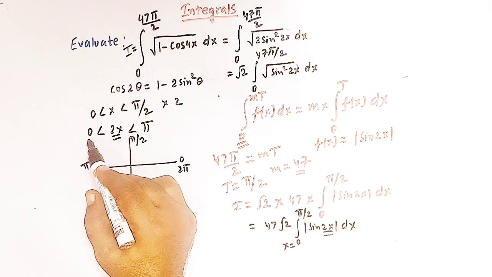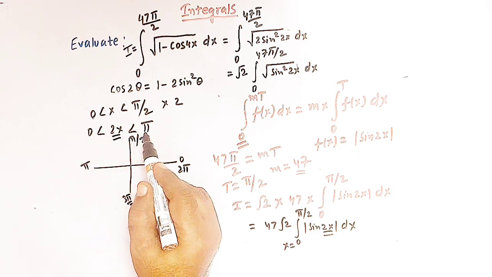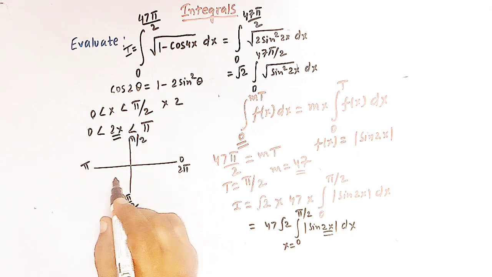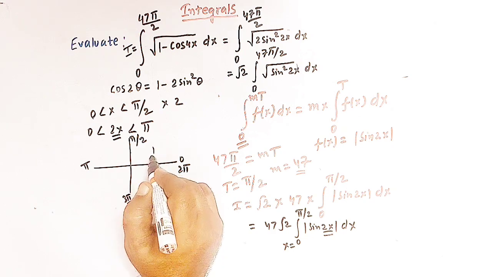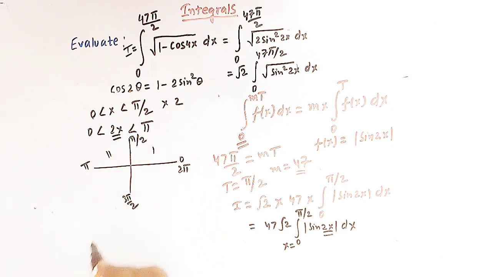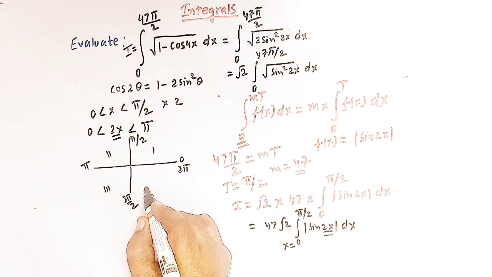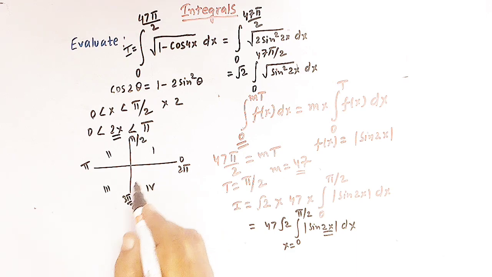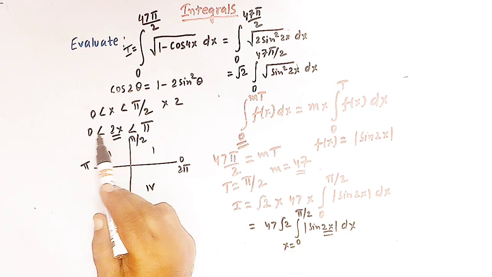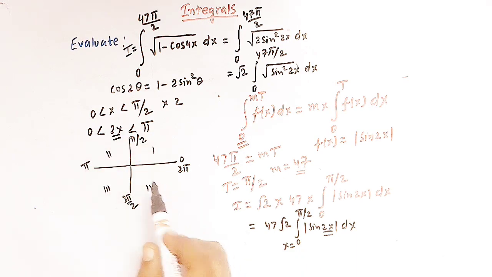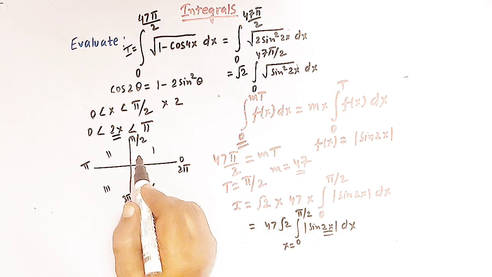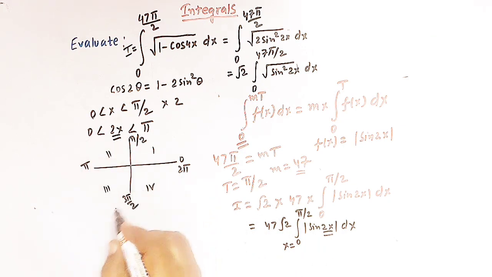So 2x varies from 0 to pi. So it means we have to restrict ourselves to the first and second quadrant only, and these are the third and fourth quadrant. So the value of 2x varies from 0 to pi, and we have to confine ourselves to the first and the second quadrant only.